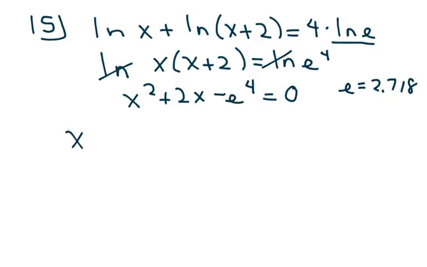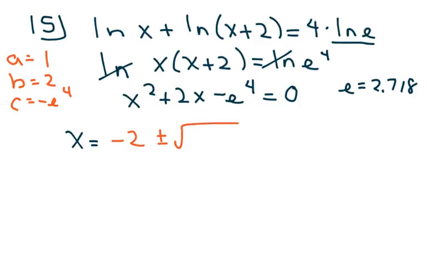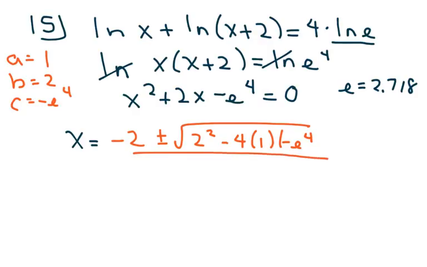So we have x equals, first of all, my a is 1, my b is 2, and my c is negative e to the fourth. So we have x equals negative 2 plus or minus square root of 2 squared minus 4ac, all over 2 times a, which is just 2.